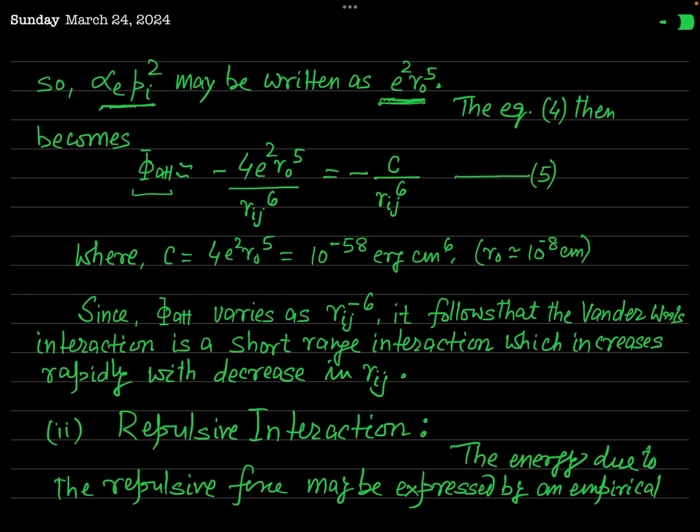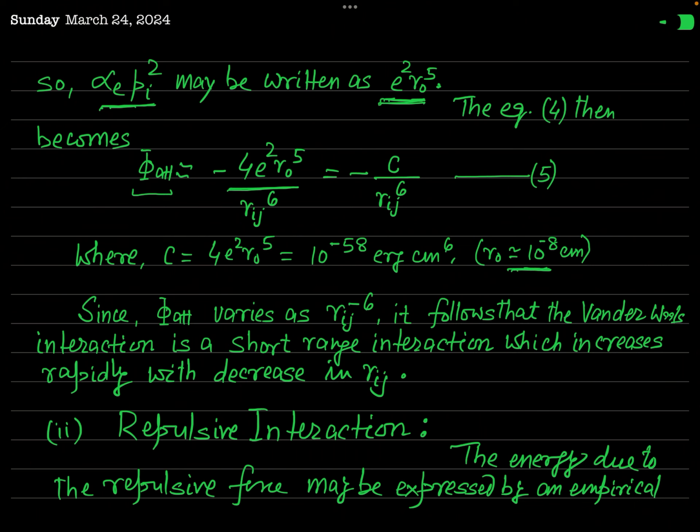So phi attraction is almost equal to minus 4 times e square r0 to the power 5 over rij to the power 6. Now you know this e square is an absolute constant. r0 will also be a constant for a given atom; for different atoms it will be different, but its order will remain the same. r0 is of the order of 10 to the power minus 8 cm.